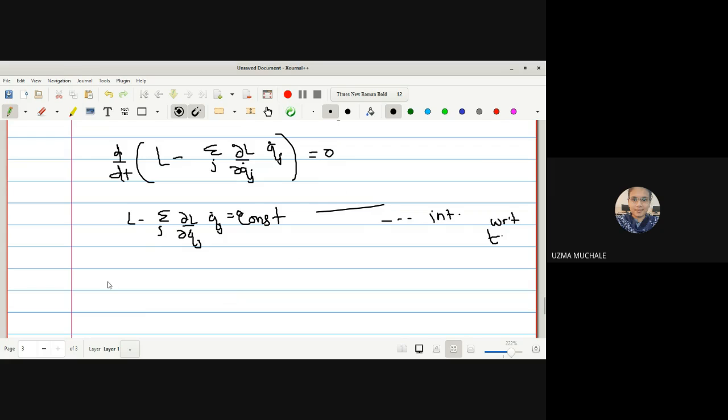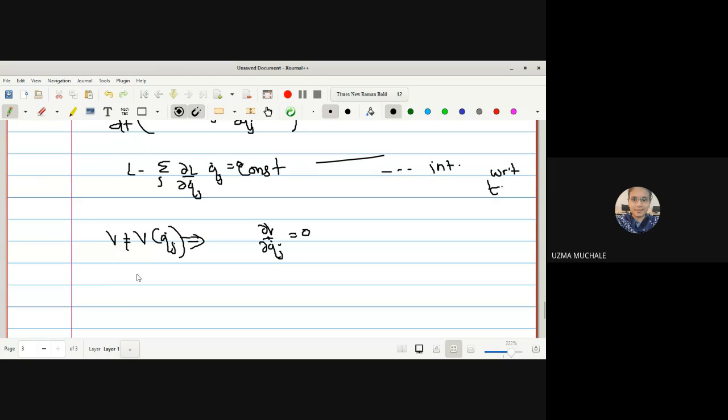Now we know that V, the potential energy, is not a function of generalized velocity. So the derivative of V with respect to qj dot is also equal to 0.